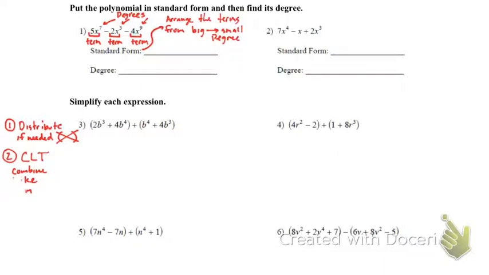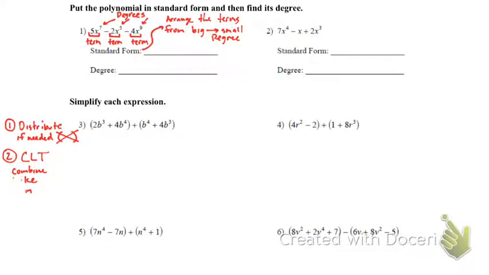Okay, and that's what standard form is. So basically, if you look at our polynomial here, we're going to rewrite the terms in a different order where we want the higher degree to come first, then the next highest degree, and then the next highest degree until we're done writing down all the terms.